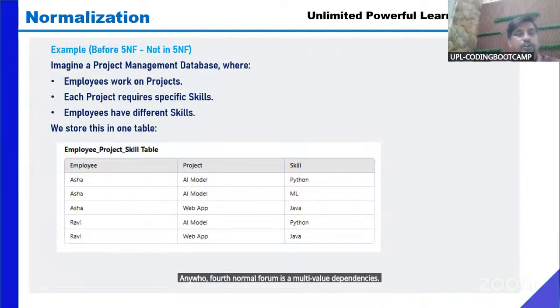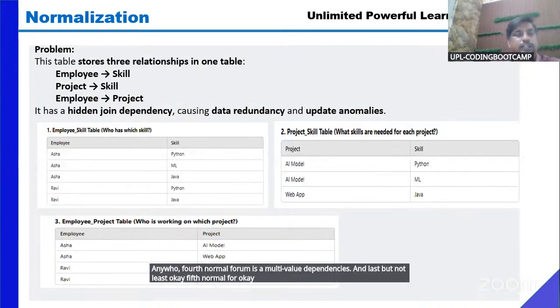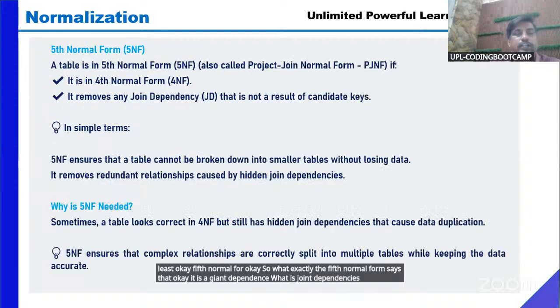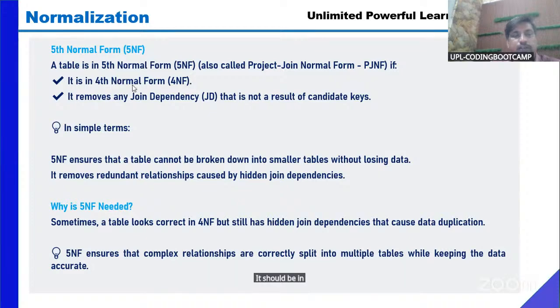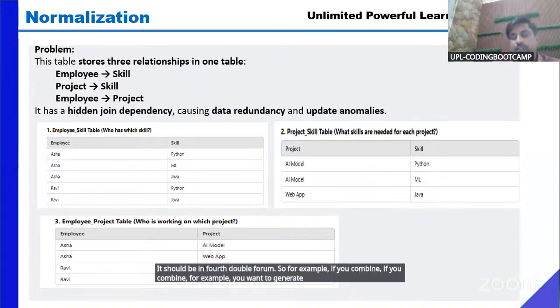And last but not least, fifth normal form. What exactly does the fifth normal form say? It is about join dependency. It should be in fourth normal form first. For example, you want to generate some report, and you have X, Y, Z tables.